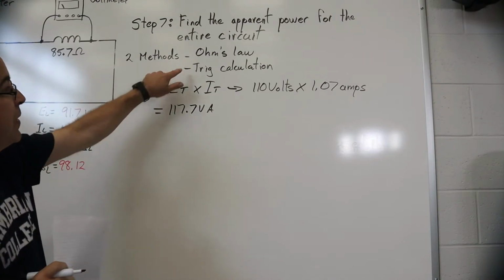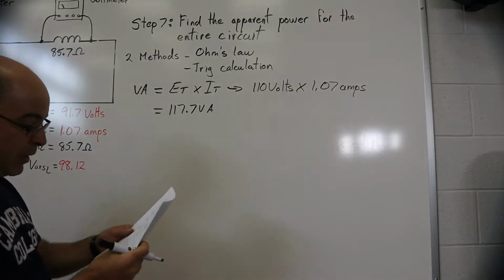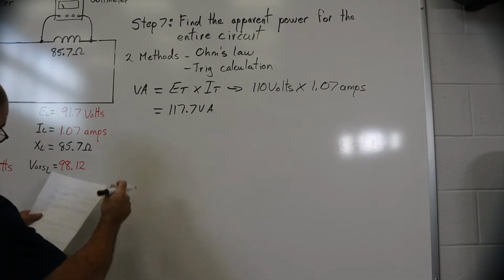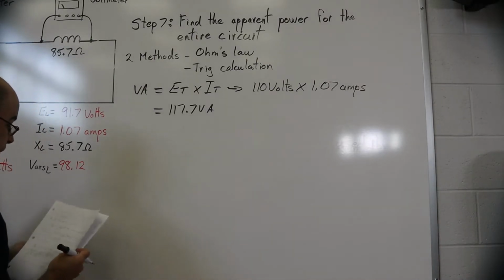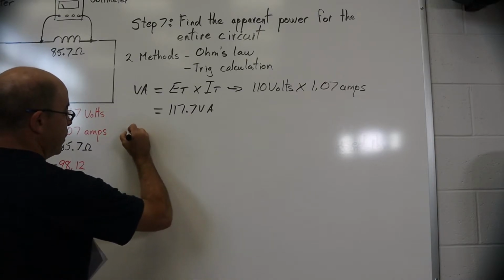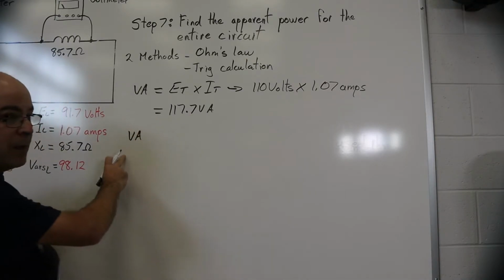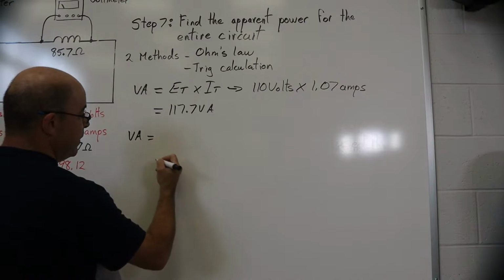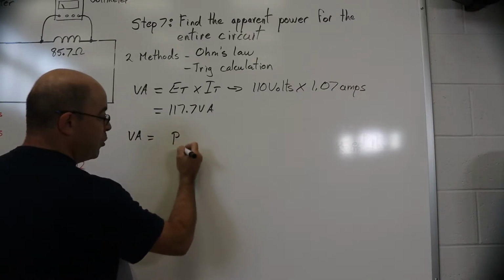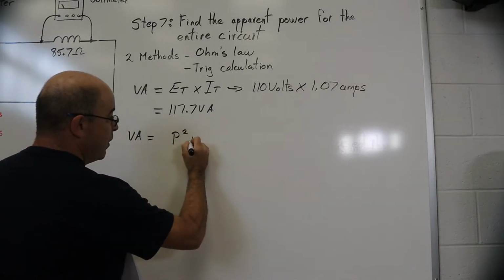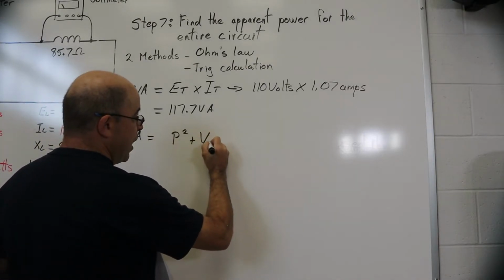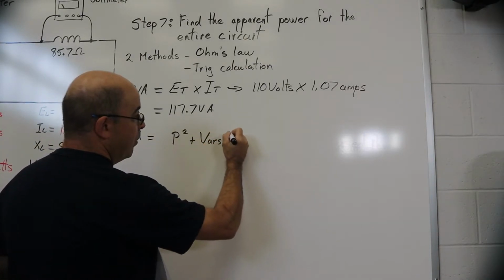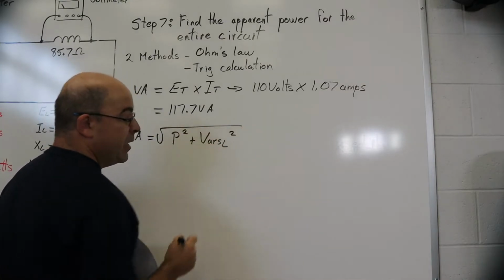Now, our second method is to use a trig calculation. The apparent power is equal to, if we take the true power squared plus the reactive power, which is VAR sub L squared, and square root.